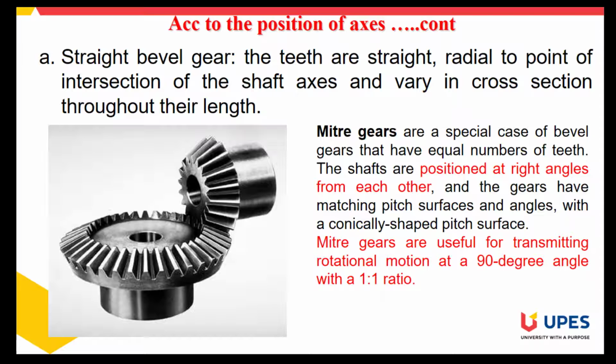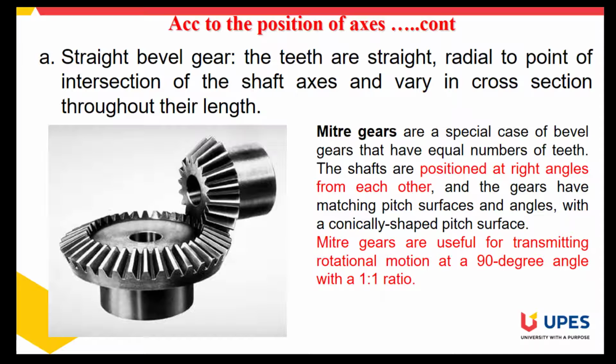Then in the straight bevel gear, there is another category which is called miter gears. Miter gears are a special case of bevel gears where the number of teeth on the two gears is the same, and they can be positioned in such a way that they can transmit power from one shaft to another. Let's say one shaft is like this, so another shaft can be placed like that so that they can transmit power at 90 degrees.